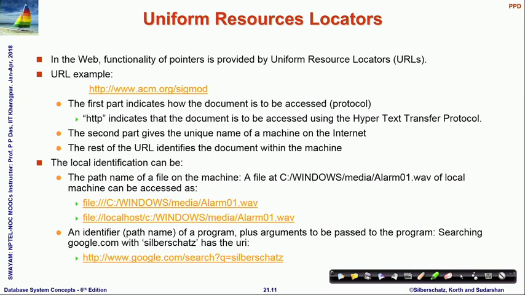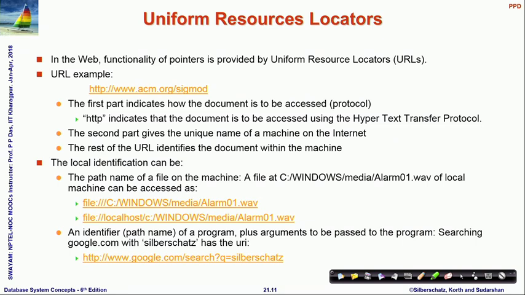Similarly, in the last example you can see that www.google.com is the basic machine where I am putting the URL, and then the rest of it is search, which takes it to a document where I tell the search to be performed, and then there are parameters to this form.